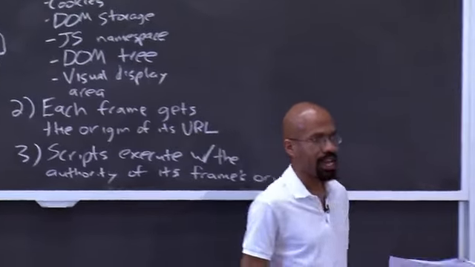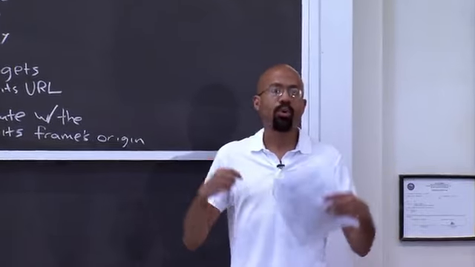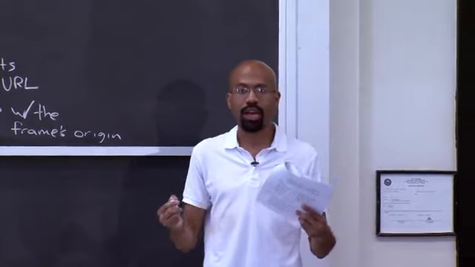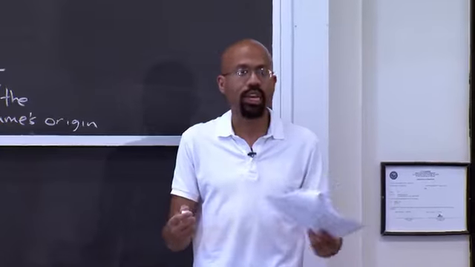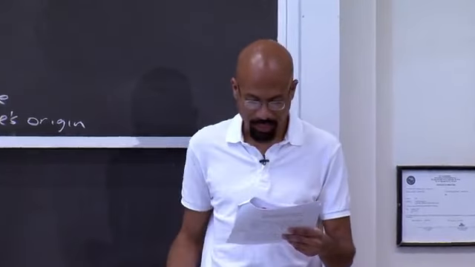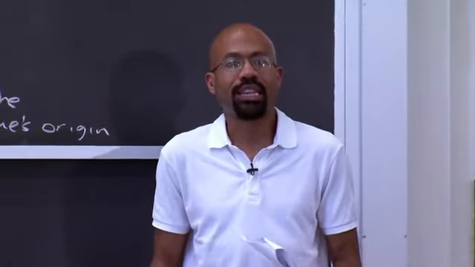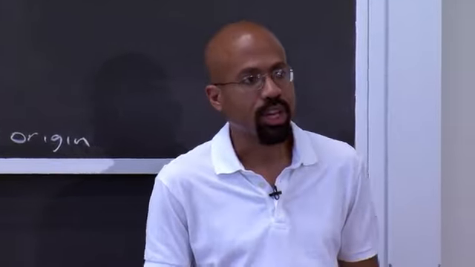Okay, so what that means is that foo.com imports a JavaScript file from bar.com. Well, that JavaScript file is going to be able to act with the authority of foo.com. And so, loosely speaking, this is similar to, if you were in the Unix world, running a binary that belonged in someone else's home directory. That thing would execute with your privileges there.